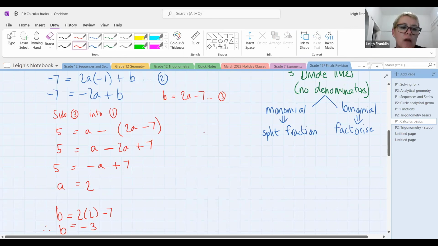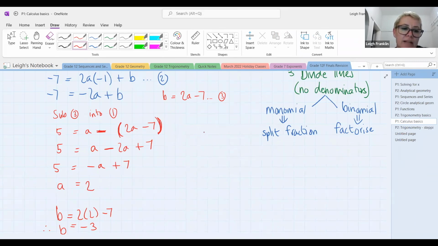Okay, so what I'm doing here is removing my brackets. If I remove the brackets and I've got a minus in front, then I have to change the signs of my terms. So 2a has to become negative and negative 7 has to become positive. Does that make sense to you now? Yeah, the following step though.